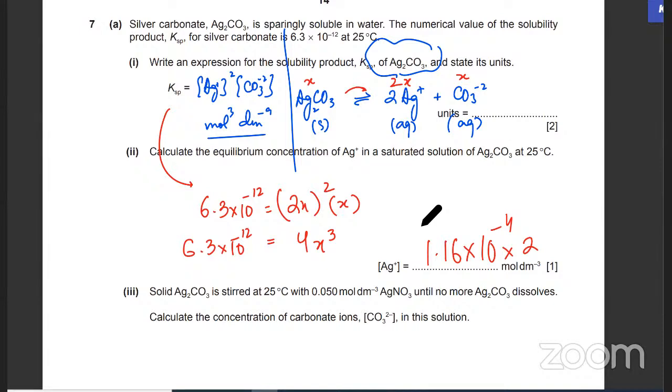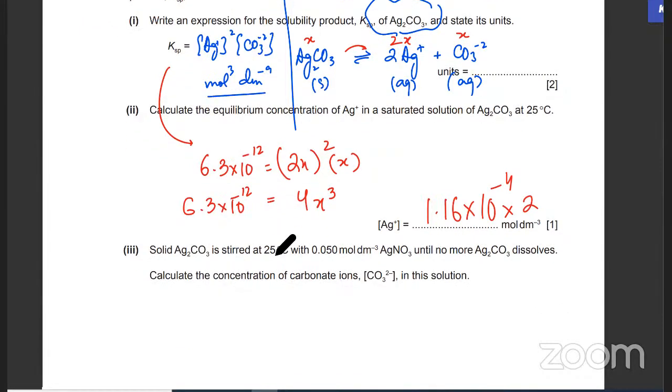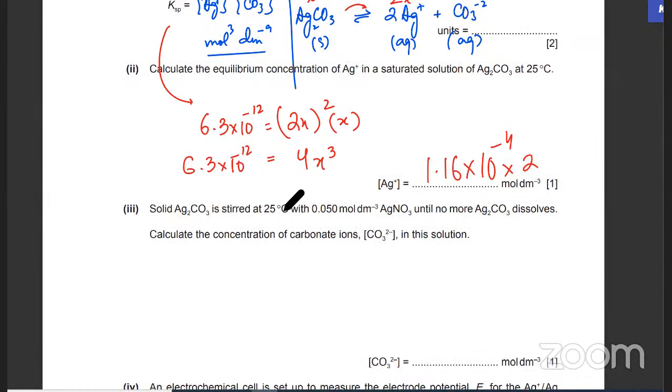What is this question? So solid silver carbonate is stirred at 25 with this silver nitrate until no more Ag2CO3 dissolves. Calculate the concentration of carbonate ions in this solution. So what is happening here?